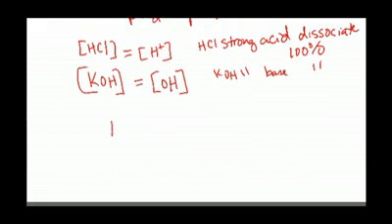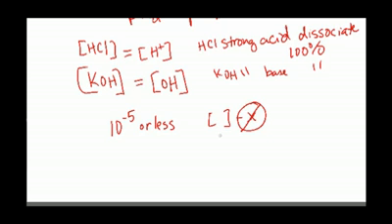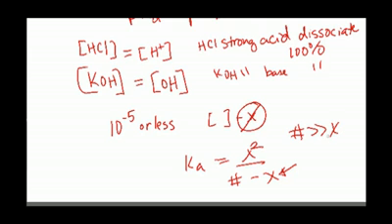Also remember that if the Ka is 10 to the negative 5 or less, that means when you have your equilibrium line of initial concentration minus x, this minus x will be negligible, and you can just stick with the initial concentration. Now you'll have Ka equals x squared over some number minus x. That x is so small compared to the number that it doesn't affect the problem, so you can drop it.